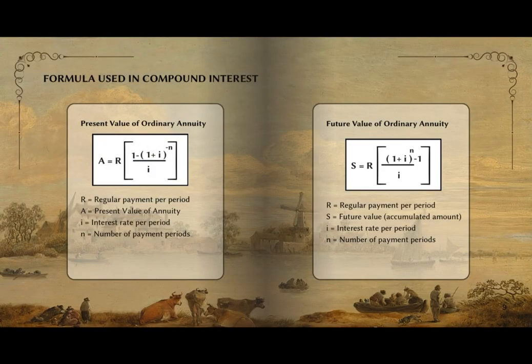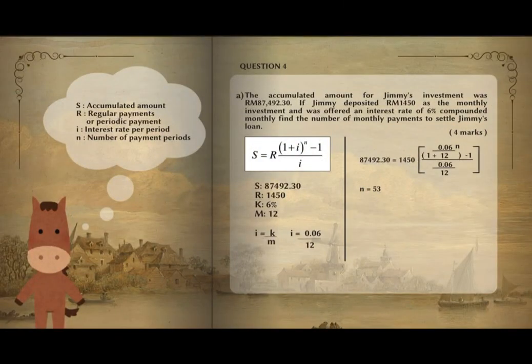Formulas used in annuity are two. First is the present value of an ordinary annuity, A equals R(1 minus (1 plus I) to the power of minus N) divided by I. For the future value of an ordinary annuity, S equals R((1 plus I) to the power of N minus 1) divided by I. For question 4, the accumulated amount for Jimmy's investment was RM 87,492.30.